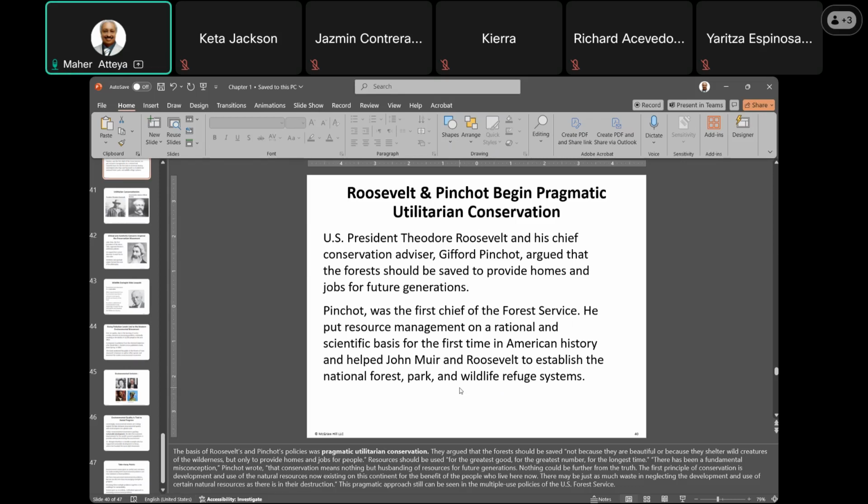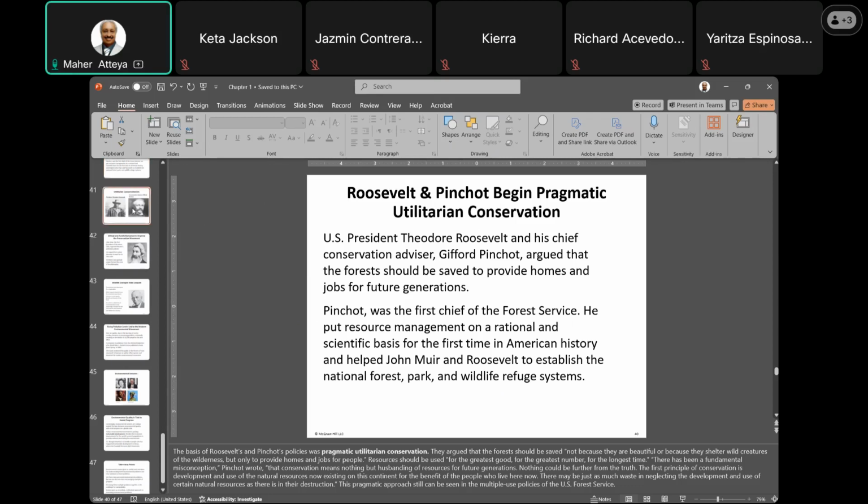So that's the first ever start for environmental science. It starts with the forests, and this is very important. Forests are the lungs of all living creatures on this earth, because they produce oxygen for us, and without oxygen we cannot live on this planet Earth.